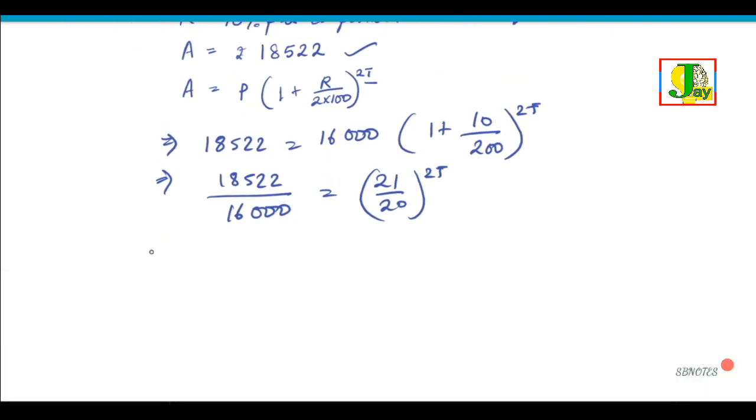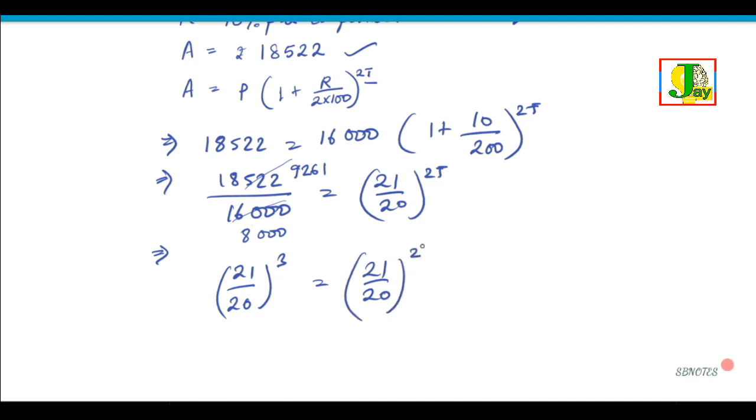Okay, that means the left hand side will also come in the power of 21 by 20. If we divide both numerator and denominator by 2, we get 8,000 and this one is 9,261. So this becomes 21 by 20 whole cube equals 21 by 20 whole power 2t.